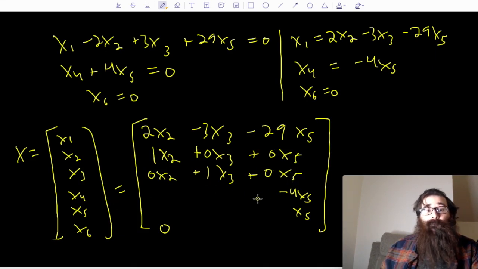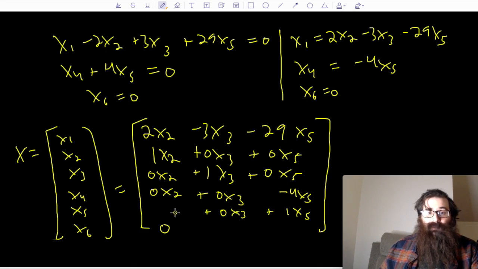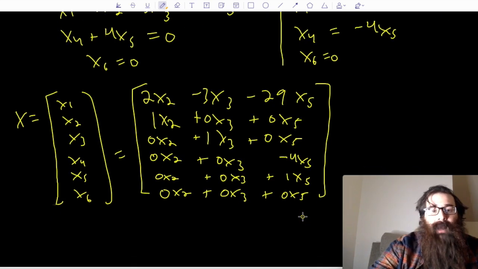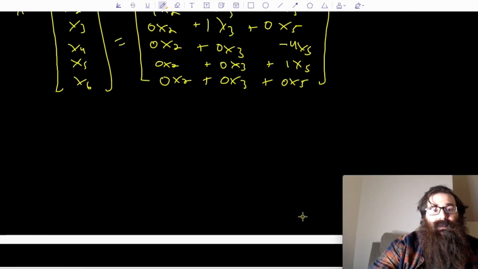And x sub 4 is a negative 4x sub 5, but that also means a 0x2, a 0x3, and then that minus 4x5. X sub 5 is 1x sub 5, but also 0x sub 3 and 0x sub 2. And since x sub 6 is just 0, we can safely write this as 0x sub 2 plus 0x sub 3 plus 0x sub 5.